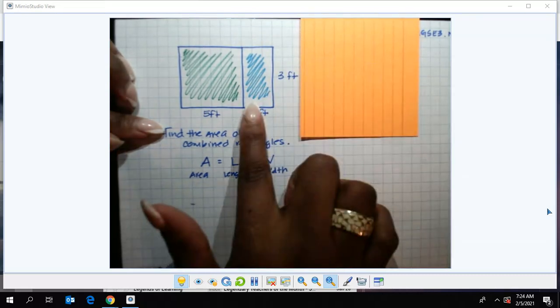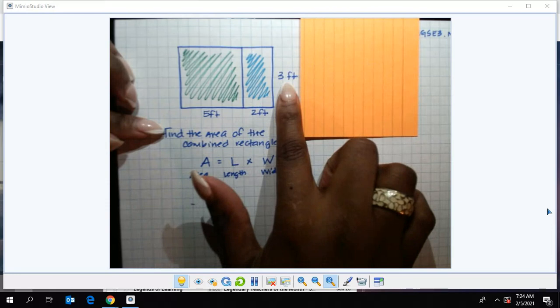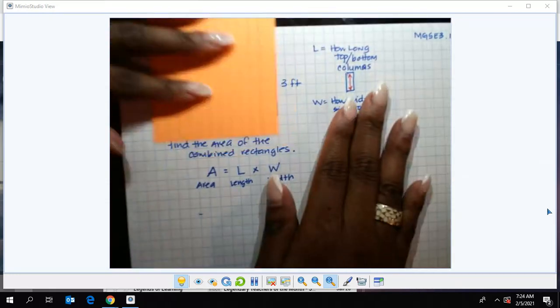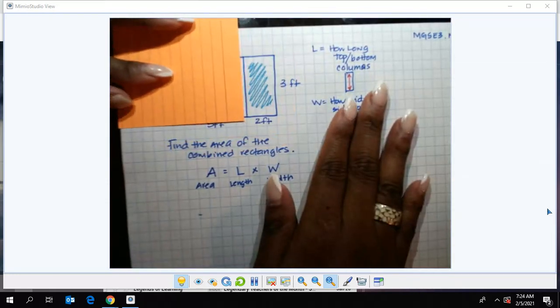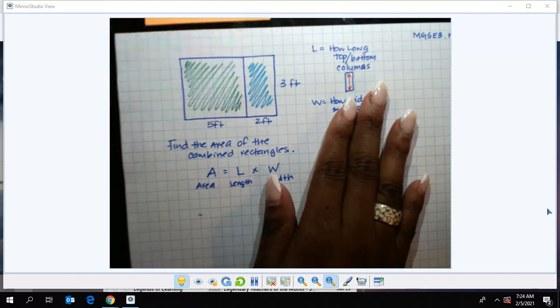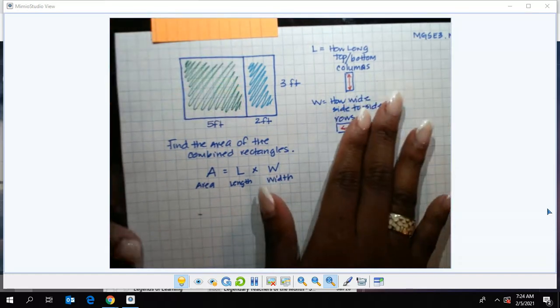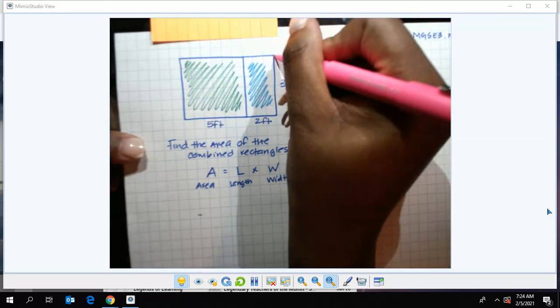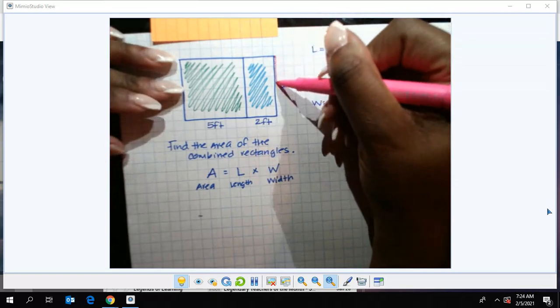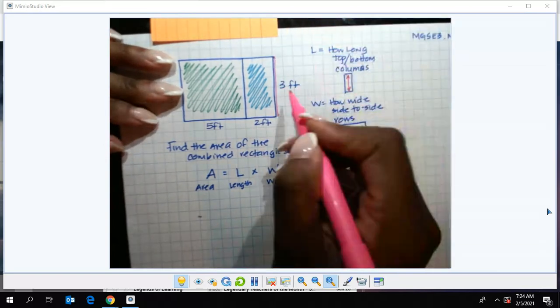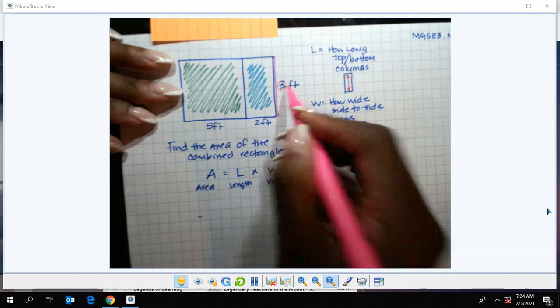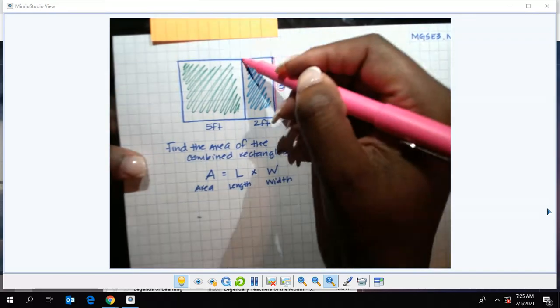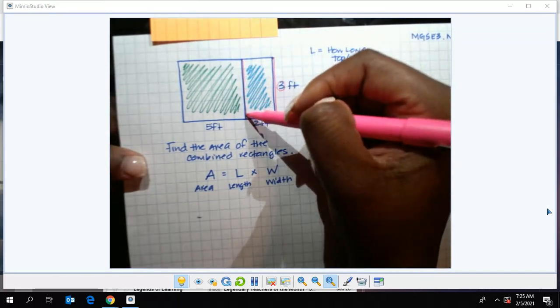Now our blue rectangle already has a width. It has a width of 3 feet. You see that? So here is a little trick. If here to here is 3 feet, so is this, because it's the same distance.